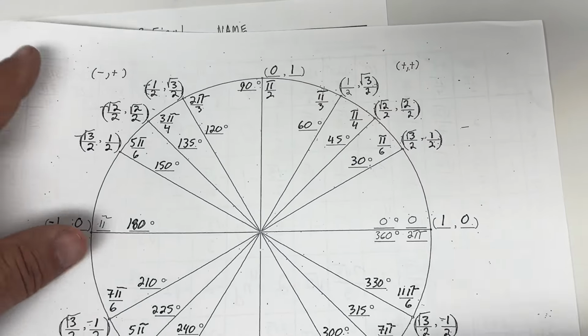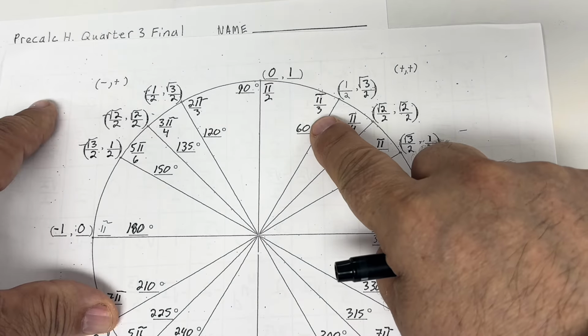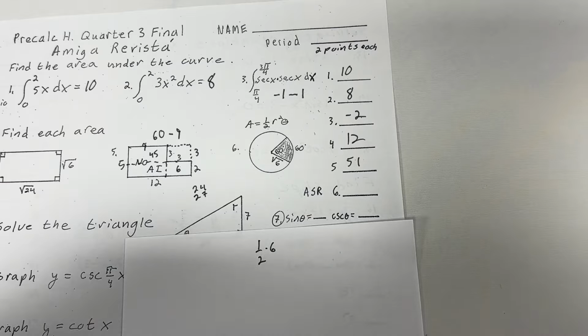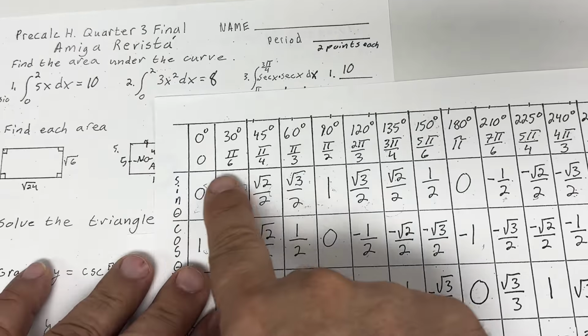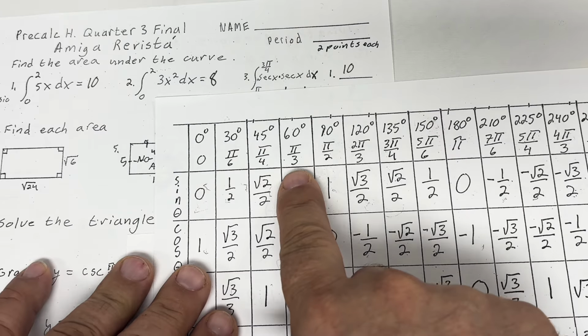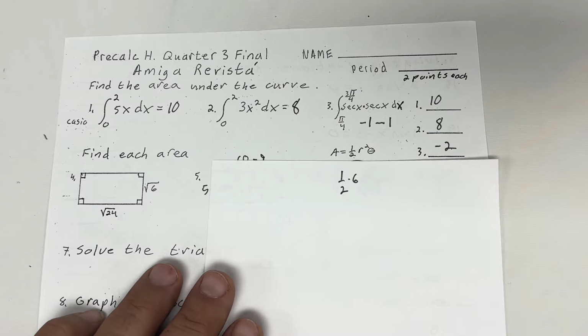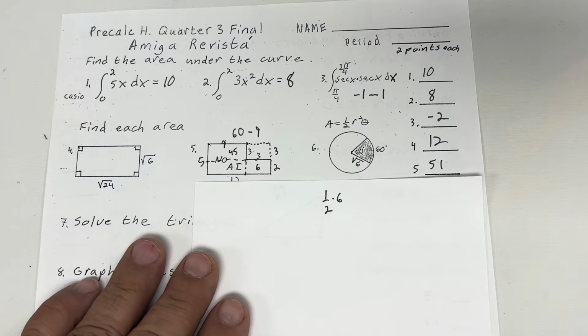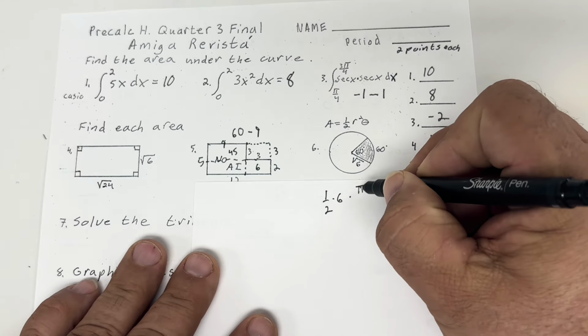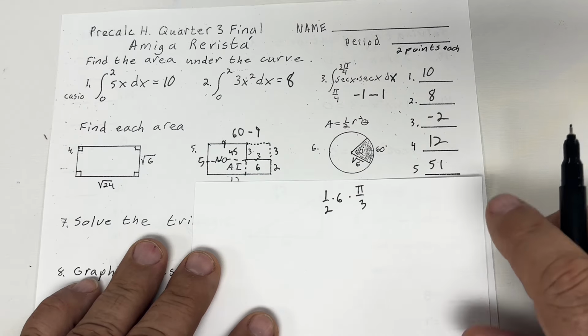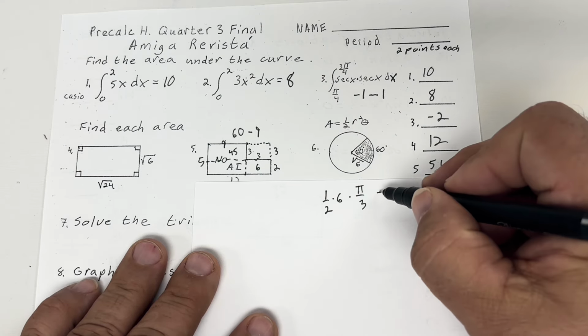On our unit circle, it's 60 degrees, the radian measure is pi over 3. On the chart, you can just scroll along the top edge. So it's 60 degrees, it's pi over 3. So that's going to be 1/2 times 6 times pi over 3. If you're not great with your arithmetic, you can use the calculator, but this is going to equal 6 pi over 6, or just pi.